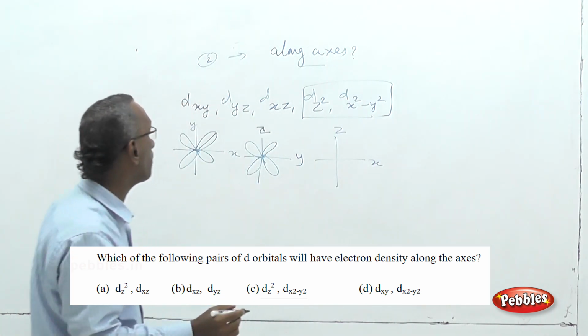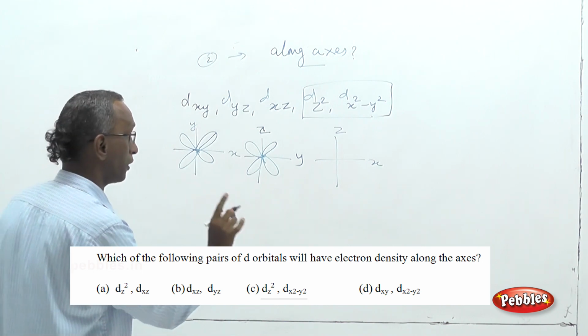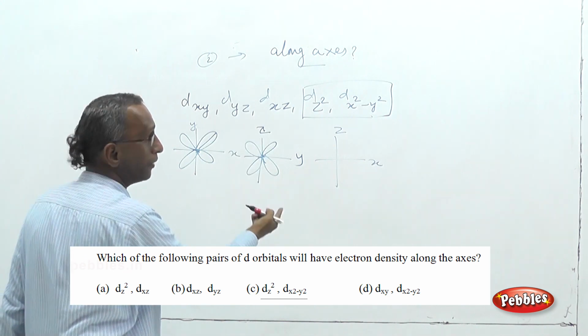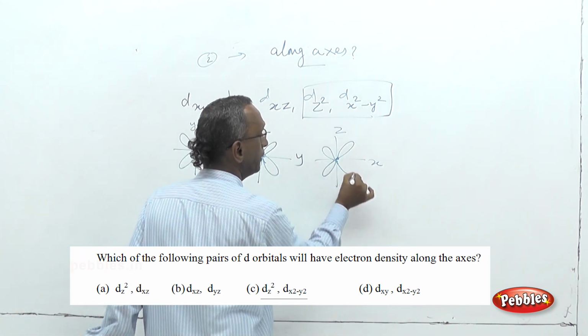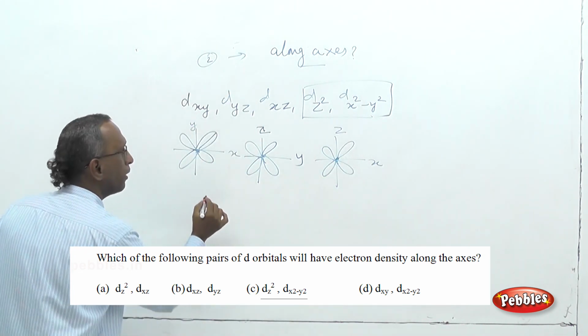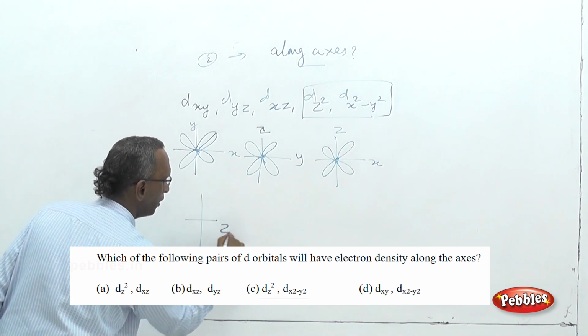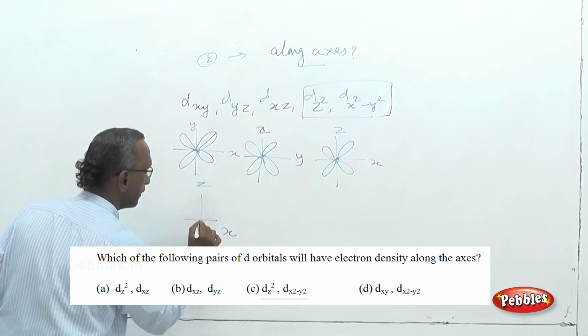For understanding purposes, I have left out the third axis, not that the third axis does not exist. Xy means the z axis is existing; yz means the x axis is existing. Our aim is how it is distributed. But here dz squared is distributed along the x axis and z axis.